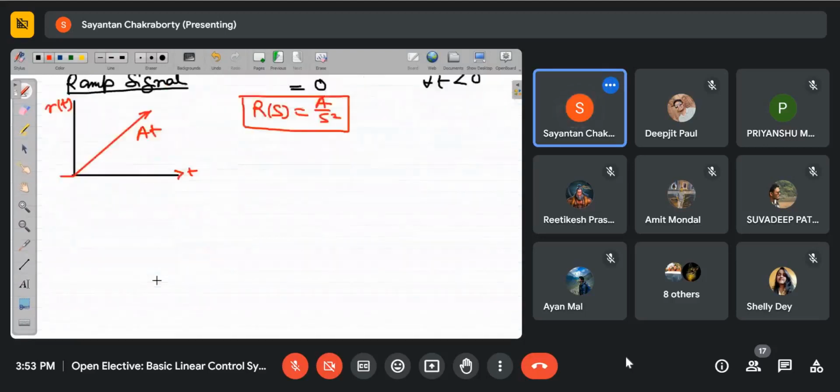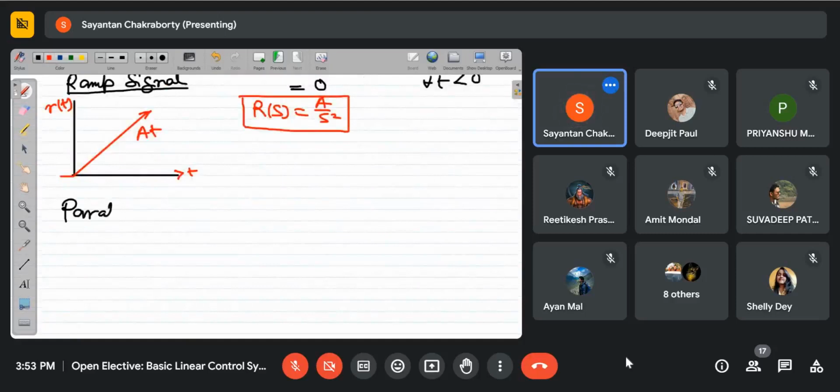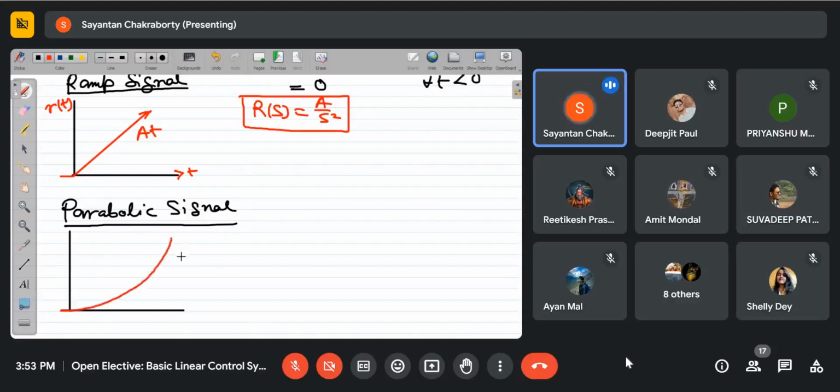Then finally, the parabolic signal. It has a nature like this, and is defined as A t square by 2.